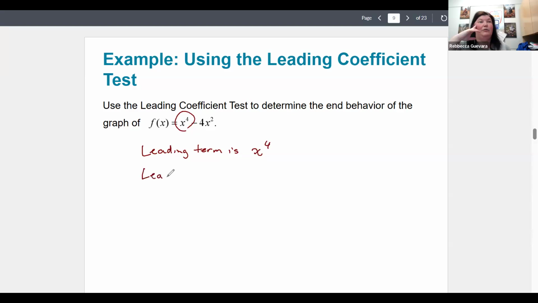That means the leading coefficient is, there's an invisible 1 in front of this, right? Your leading coefficient is a to the n equals 1, which is positive. Then we have an even power.